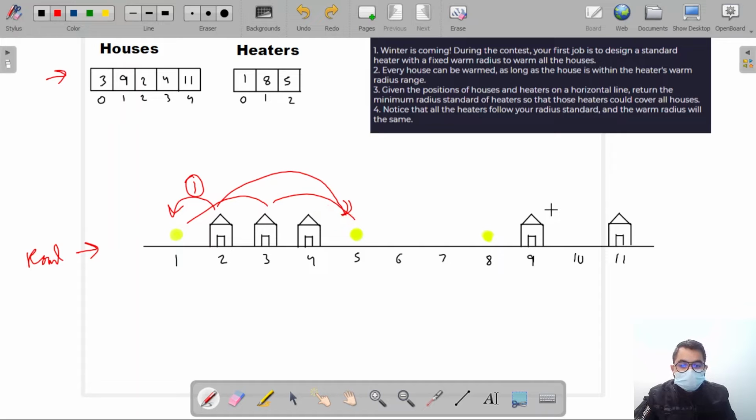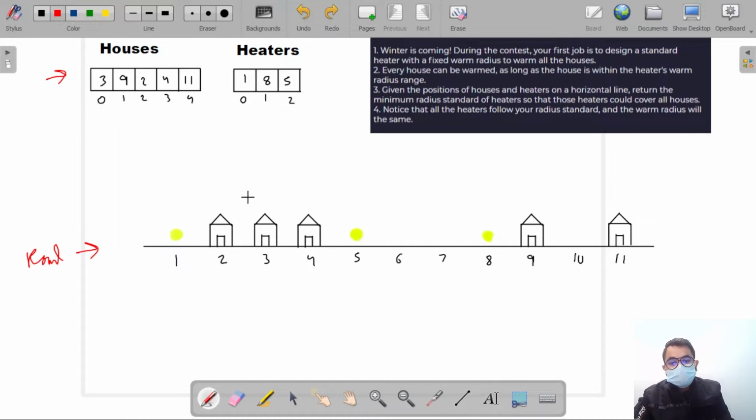So if you look carefully, aren't we trying to find floor and ceil from the house numbers, and we are trying to find floor and ceil from the heaters array? Okay, so we are doing something like that.